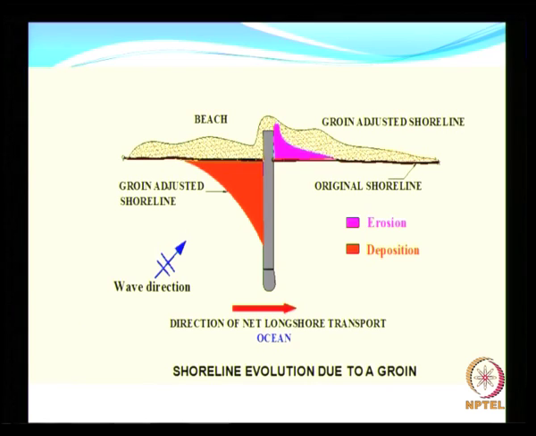This structure is not going to allow the sand to move, and hence you will have the advancement of the shoreline, with the beach advancing. So, you have a nice beach here. This process will keep on continuing until it reaches a stage, when it reaches this location, where you have automatic bypassing.